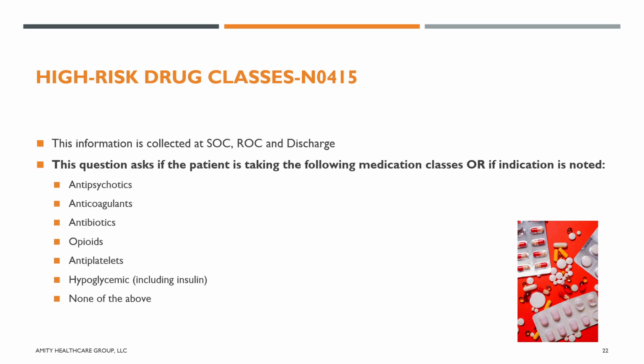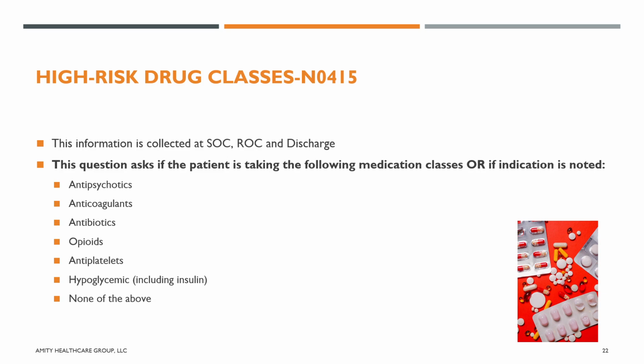OASIS is also going to ask us to look at our high-risk drug classes in section N0415. This is something we do at start of care, resumption, and discharge. If patients are taking any of these medication classes, or if they have an indicated need for it, these are considered high risk. And so we need to be sure that we are noting that we know that, and providing education on safety, on interactions, things like that.